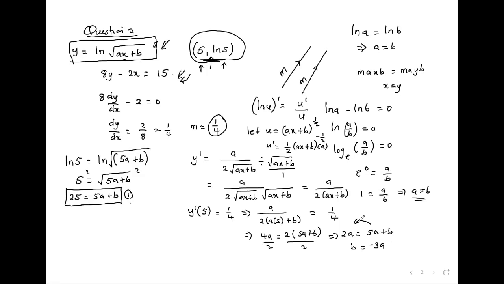Now, if you come to this equation 1 and put in the value of b as negative 3a, what are we going to have? We're going to have 25 is equal to positive 2a, divide by 2, so a is 25 over 2.